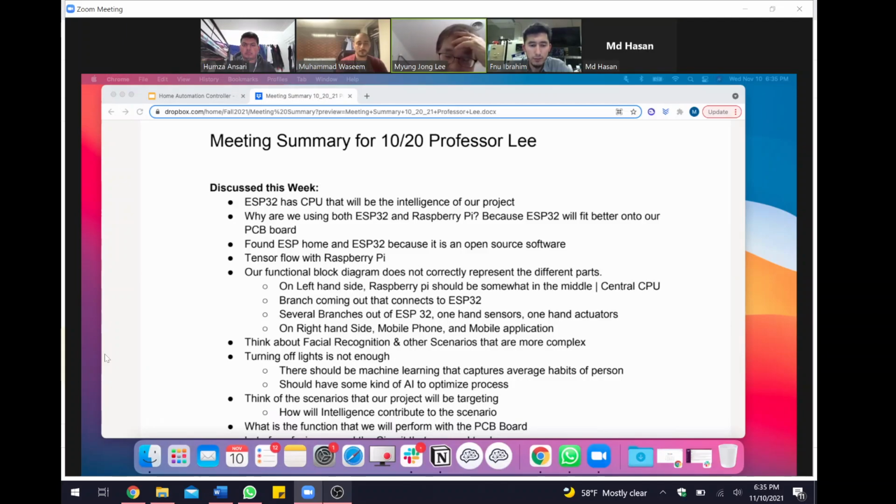Is that sufficient for you? Is that something that you're looking for? I think that's what you mentioned, right? So what are you going to do with the machine learning part? What is the application scenario that you're going to use this AI for?